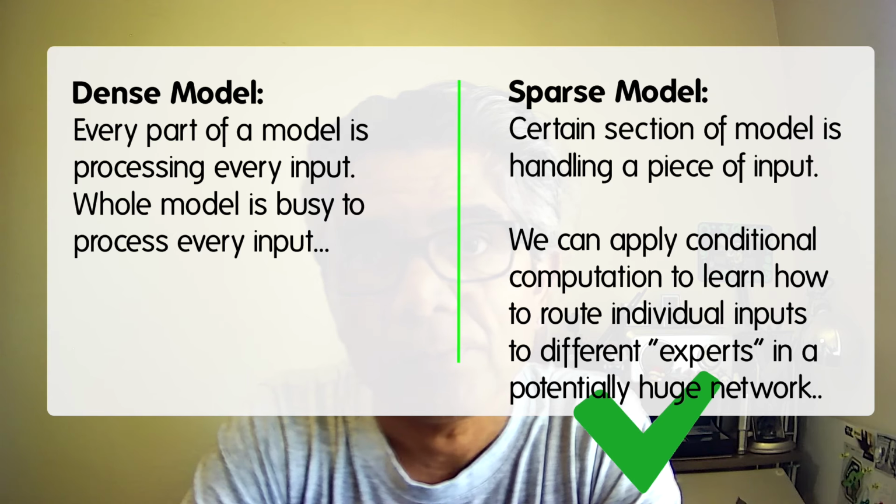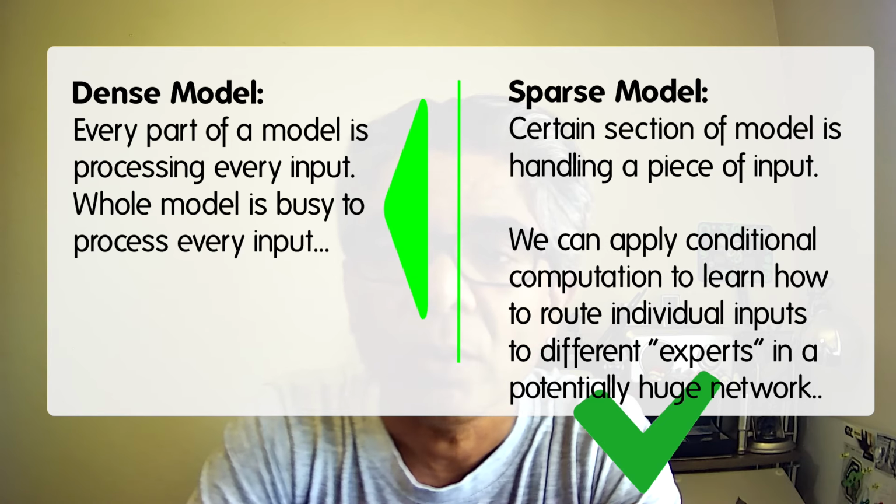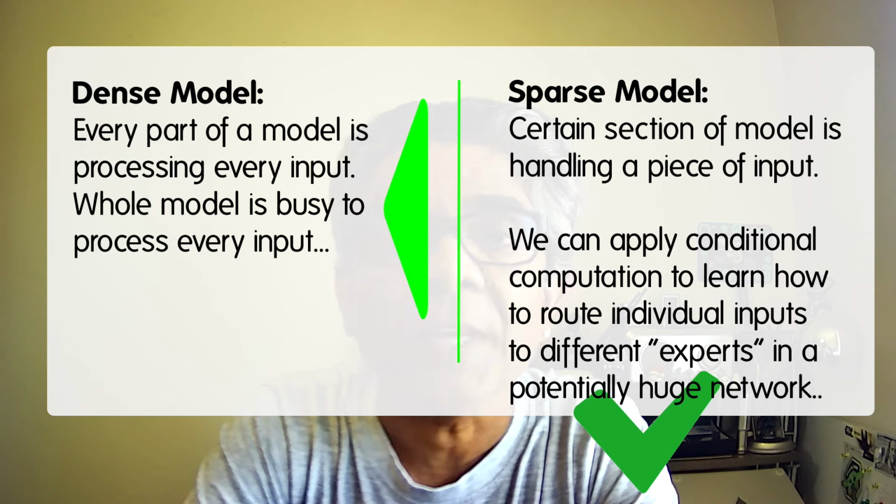So before we go deeper, let's take a look at sparse and dense models. With dense models, every part of a model processes every input. It means the whole model is running for every input.